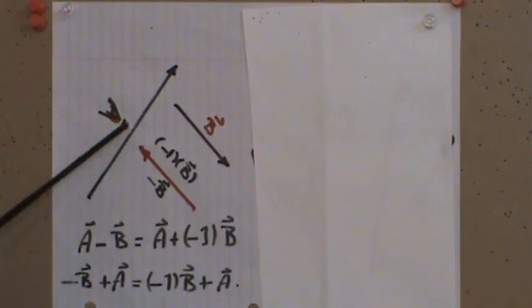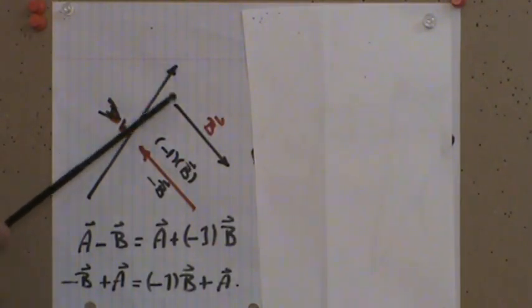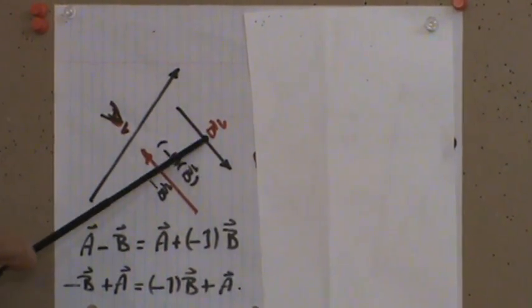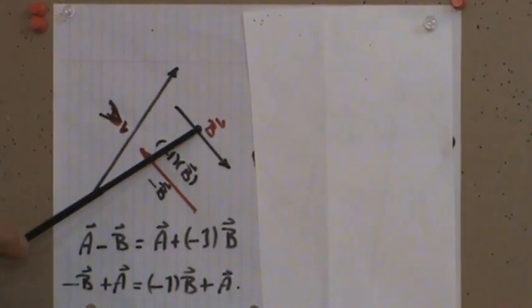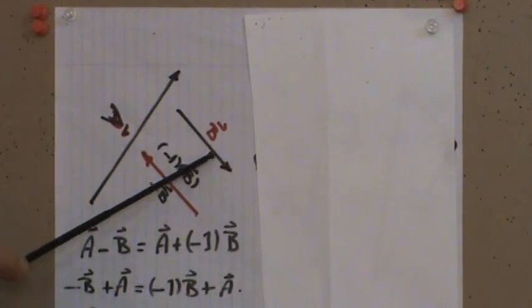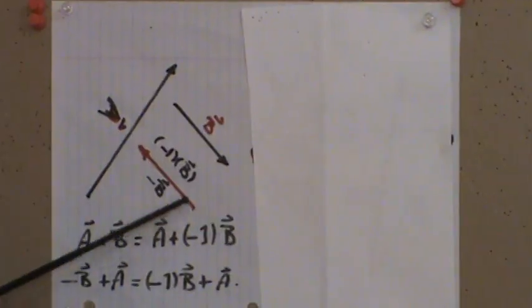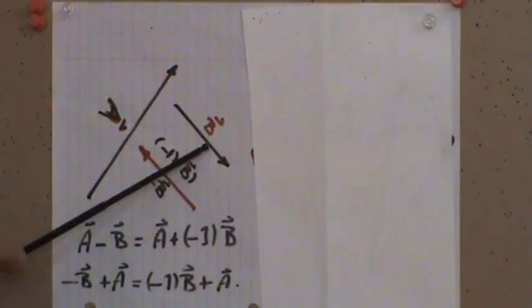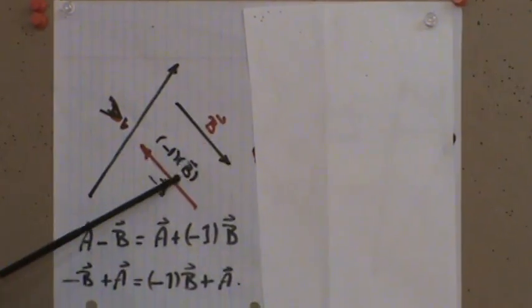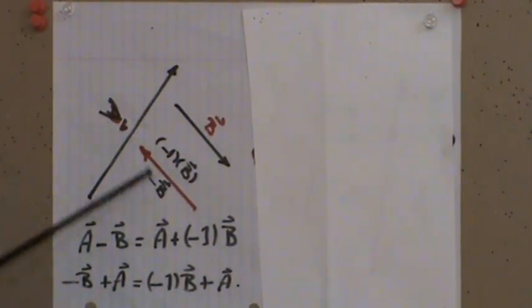Now suppose this is my vector A and this is my vector B. All right? Then when we multiply by negative 1, this vector B becomes this, the direction changes. But the magnitude stays the same, and the direction changes parallel to that. So how do we add them?